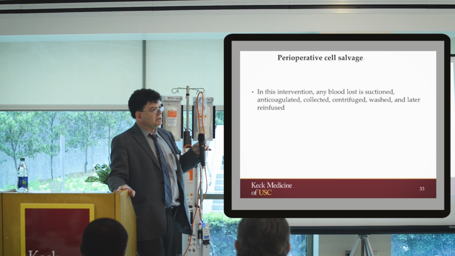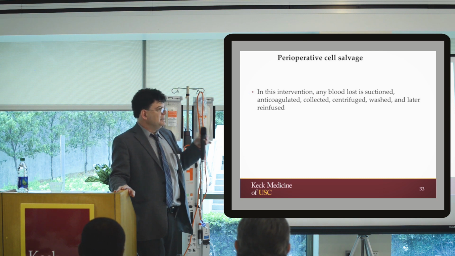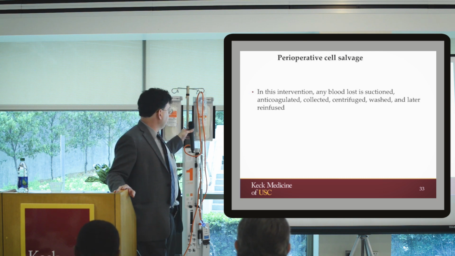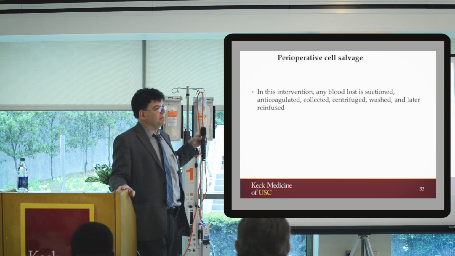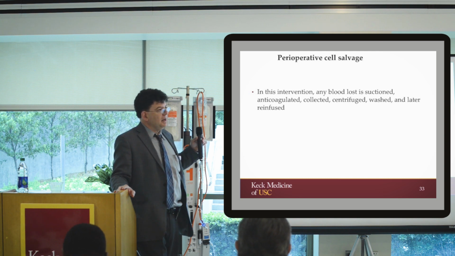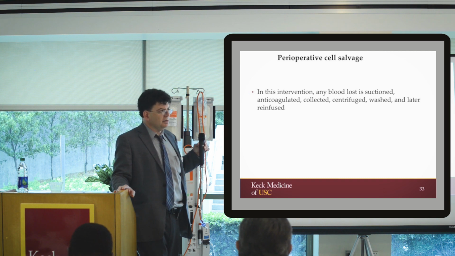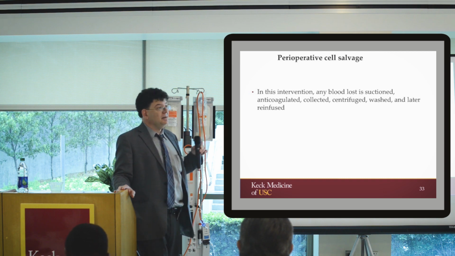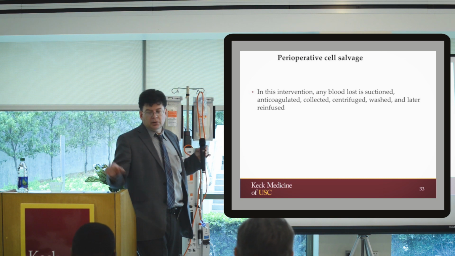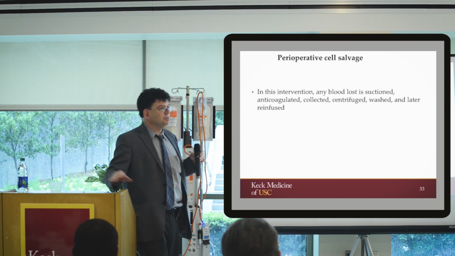And that stays in the patient. And then there's continuous fluids going into the patient at that time. And again, it depends on how much blood loss is happening during that period of time. And depending on the blood loss, we'll actually make a decision when to reinfuse the A&H blood.